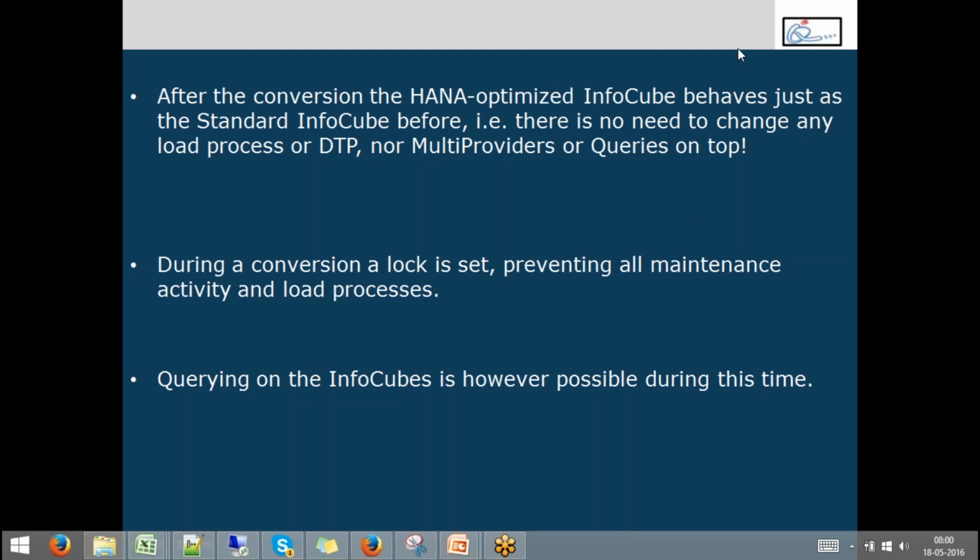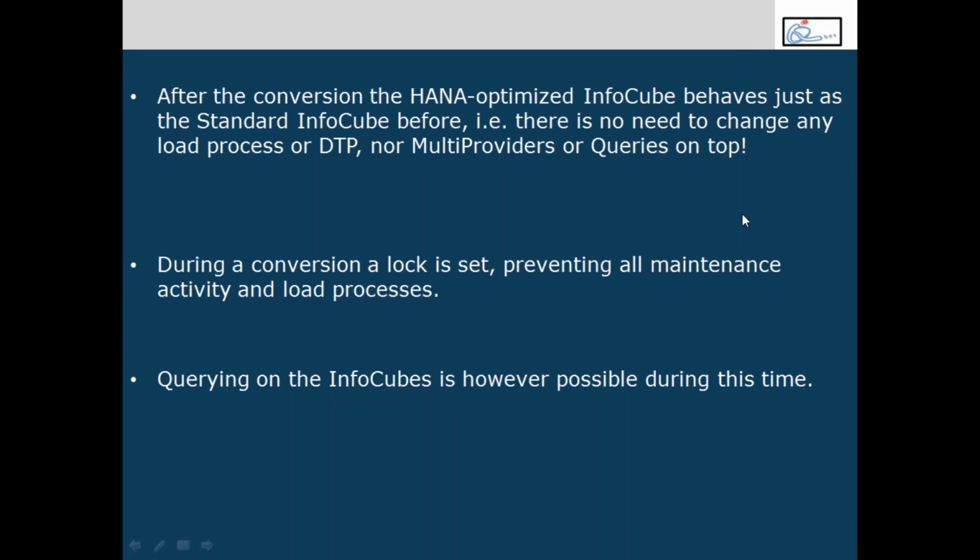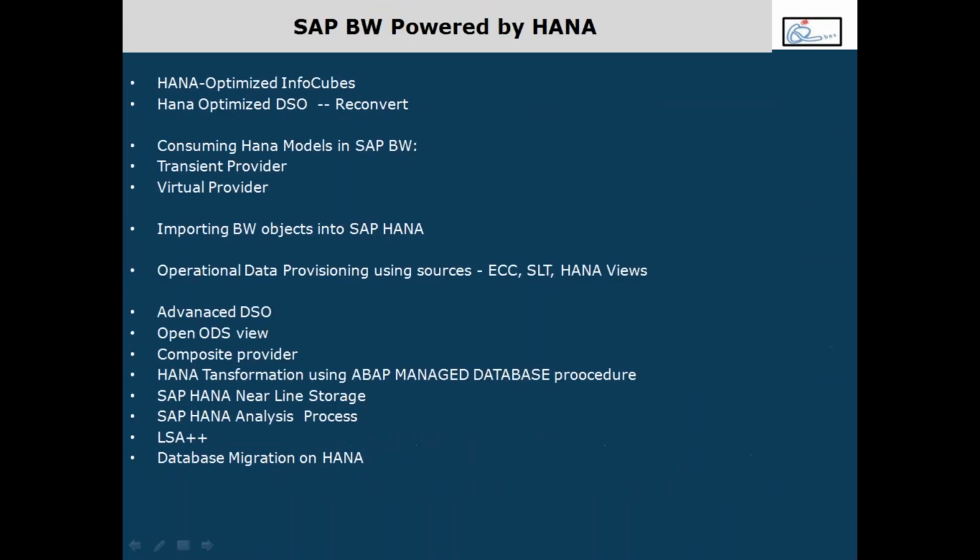Are they converting the existing system to HANA, or creating a new HANA server and bringing BW data to HANA? If you get into the topic, it will lead to different results. You remember I told there's a topic on database migration to HANA. I'll take one session explicitly on how we migrate the existing BW system onto HANA. If you can wait for another 4 to 5 days, we'll get to the topic in detail.